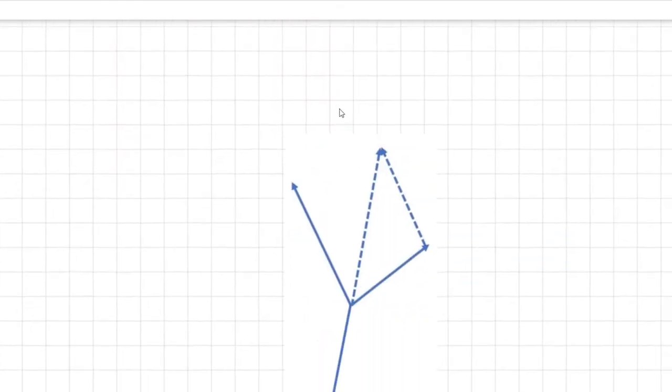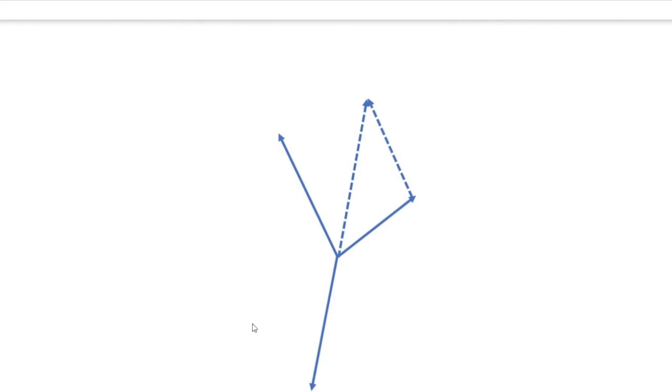Now let us prove this. We have force A, force B, and force C. Now since a vector can be transferred parallelly, we will transfer this vector here. Let us call this A prime.